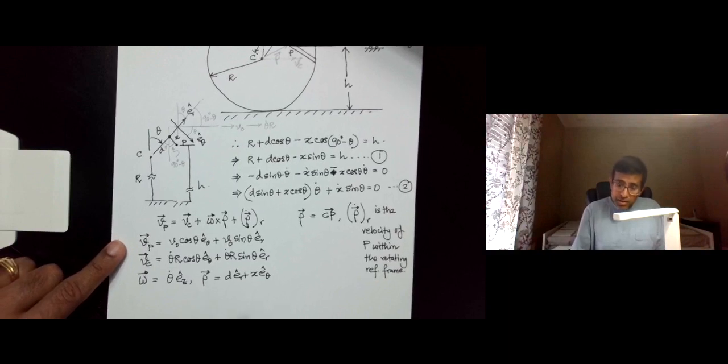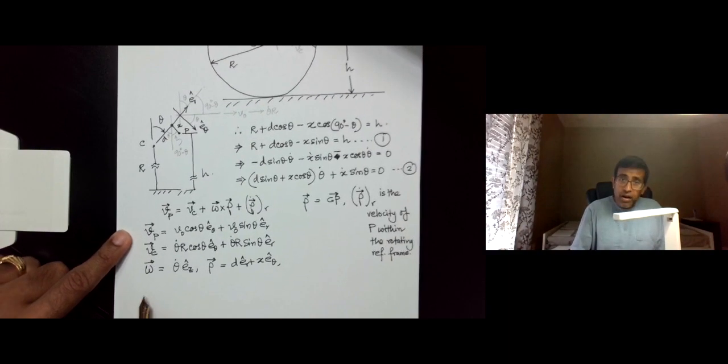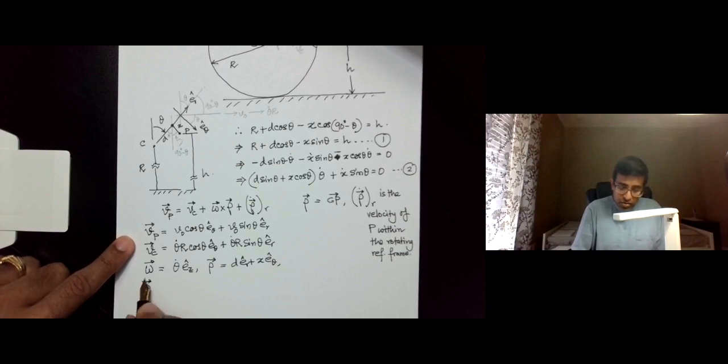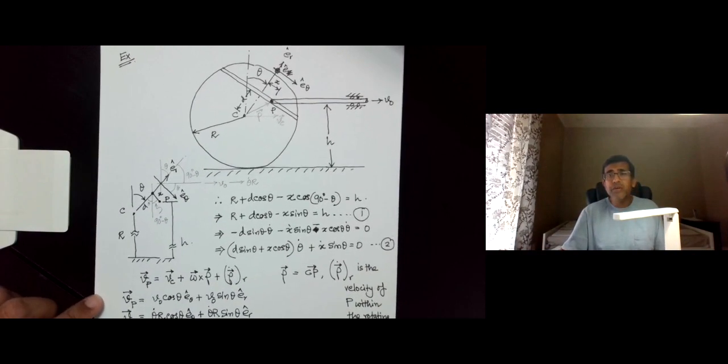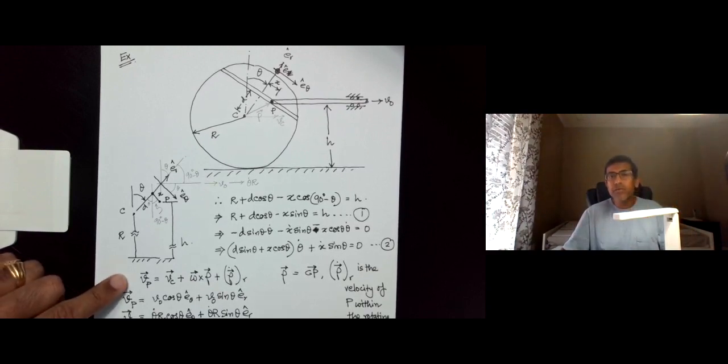Now lastly, we need to figure out what is rho dot r. So let's figure that out. So rho dot in the rotating frame. Now this problem is simple enough where, from the intuitive understanding of the rotating frame, you can formulate what rho dot r is.